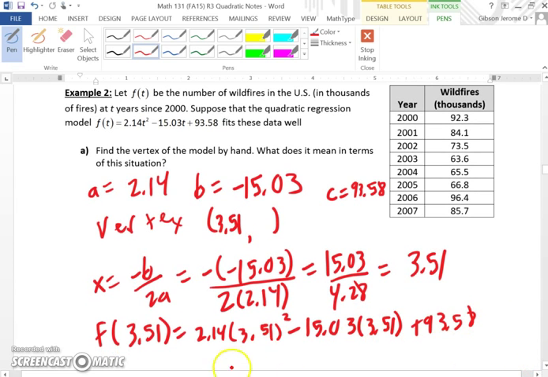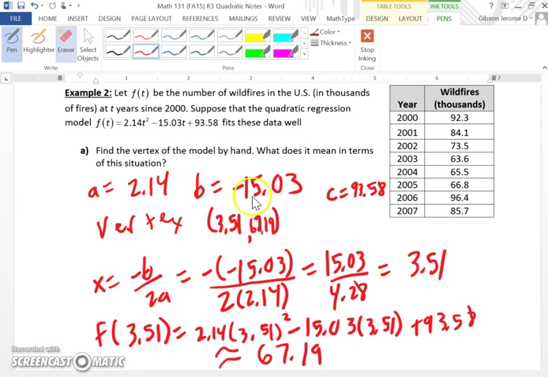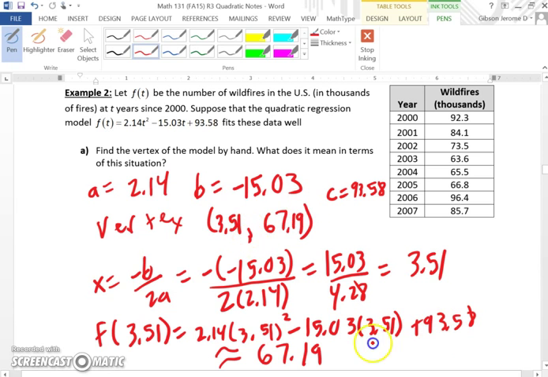Now, after we put all of this in the calculator and round it to 2 decimal places, it will give us a value of approximately 67.19, and that will be your y value. So your vertex is 3.51. Let me erase this so I have more room. So this would be 3.51 and 67.19. This would be your vertex.